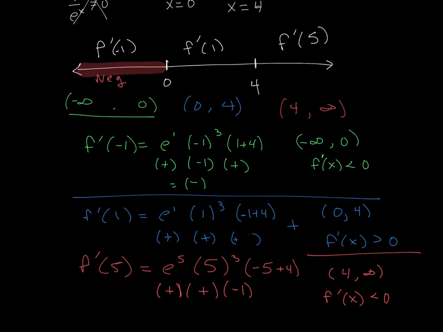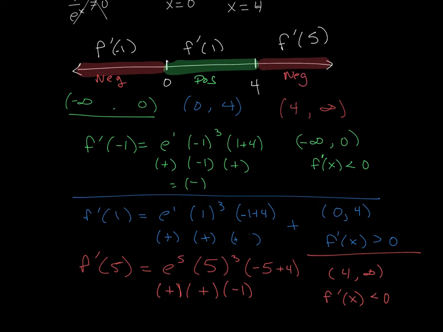The next interval going from 0 to 4 is greater than 0, so inside this range it's going to be positive. And then the last one that I have, going from 4 to infinity, is always going to be less than 0, so that gives me another negative.